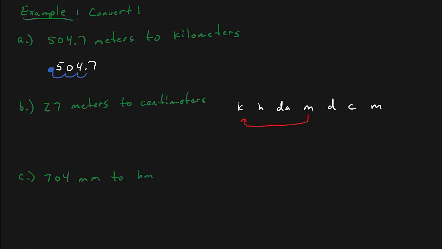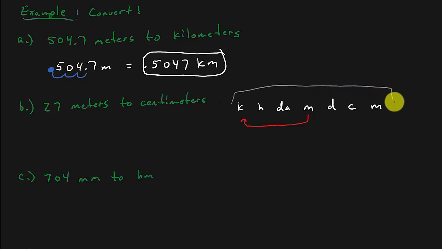Let me go ahead and put meters behind this. This is the same thing as 0.5047 kilometers. And that's all it is. That's why I'm telling you it's really, really important if you can write that down. Then all you're doing is just moving left and right, and that's it.